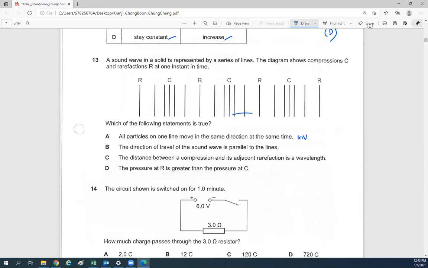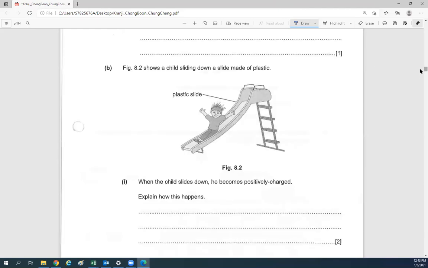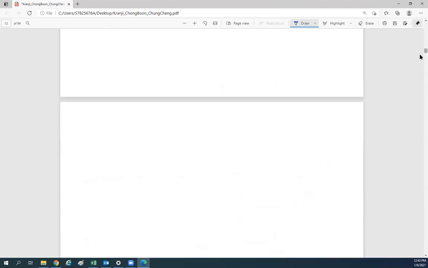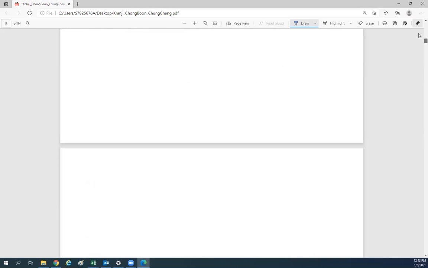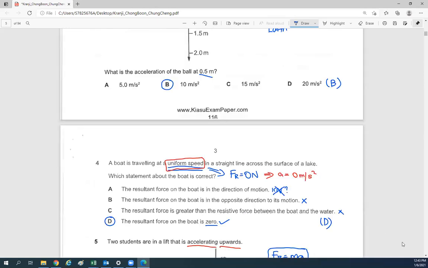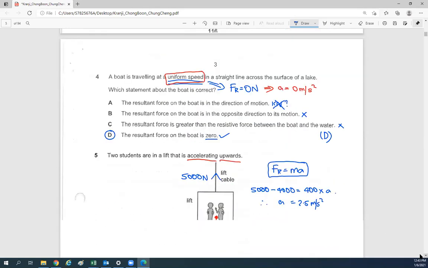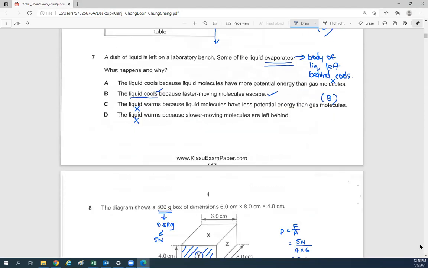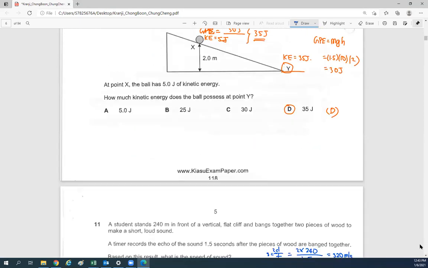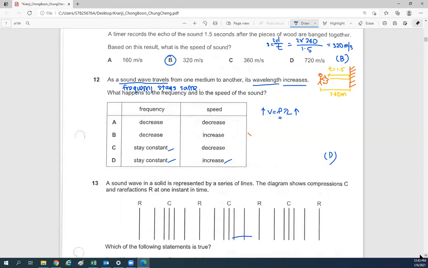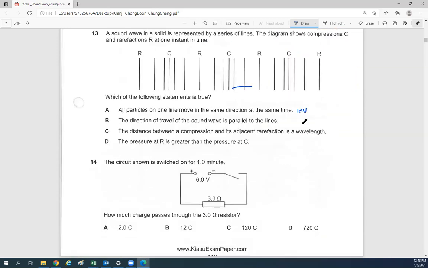Next, the direction. Oops. My bad. Okay, here. The direction of travel of the sound wave is parallel to the lines.